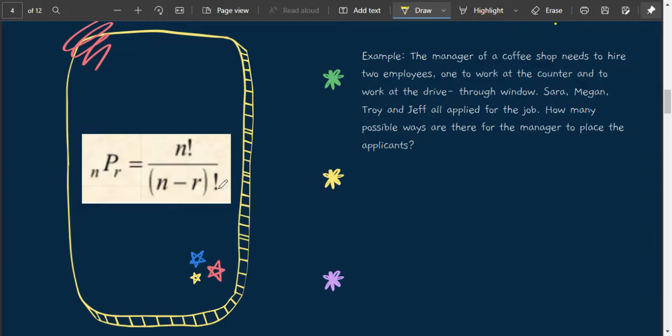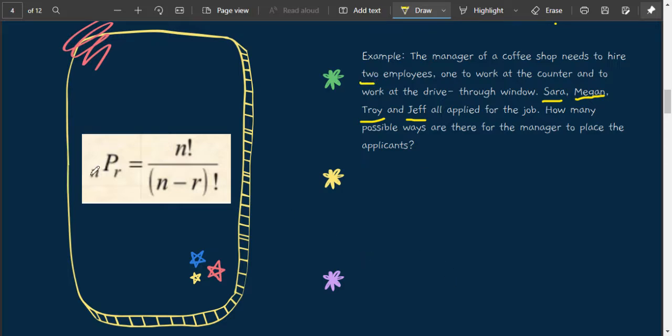So ngayon, dahil under siya dito sa permutation, pwede natin gamitin itong permutation of n objects taken r at a time dahil meron tayong apat na applicant, si Sarah, si Megan, si Troy, at saka si Jeff, di ba? So, apat sila, pero ilan lang yung kailangan ng manager? Kailangan niya lang i-hire ay 2 employees.